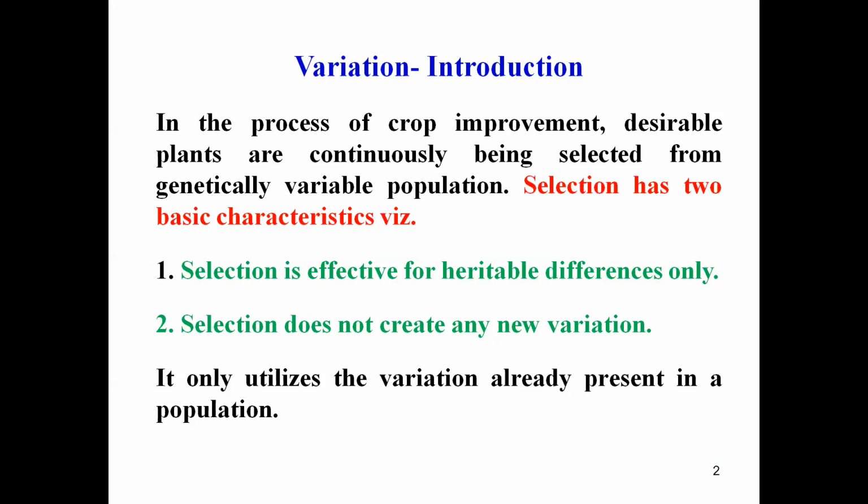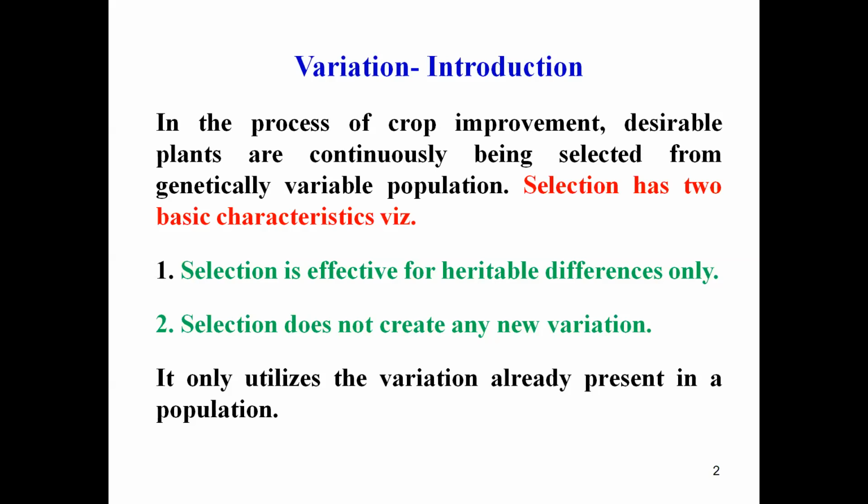It only utilizes the variation which is already present in a population. In selection, simply what we do, we just pick up some desirable plants in the field and tag them. So it does not create any new variation.